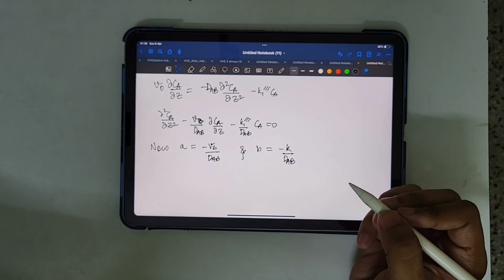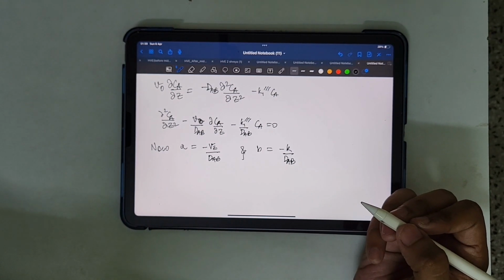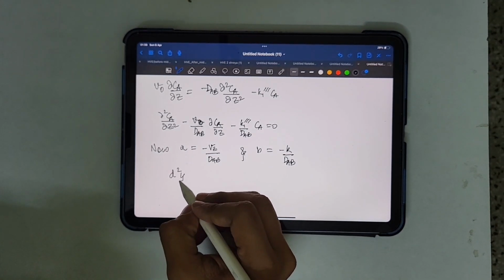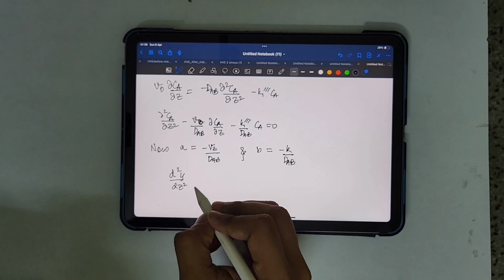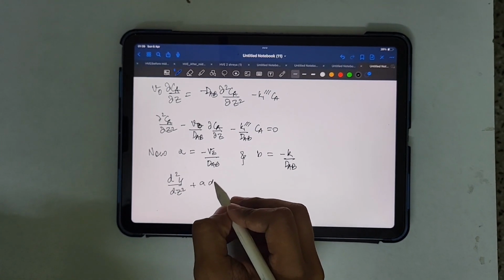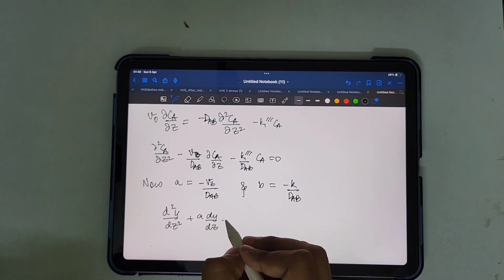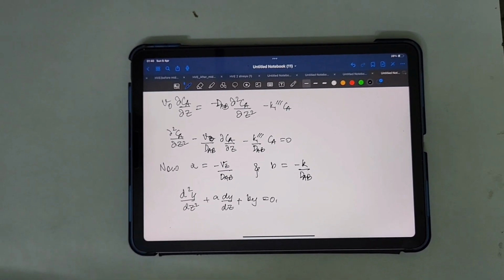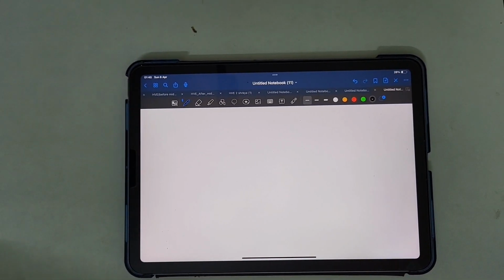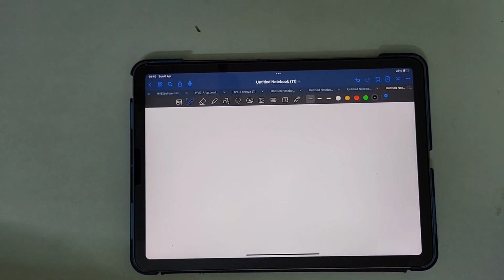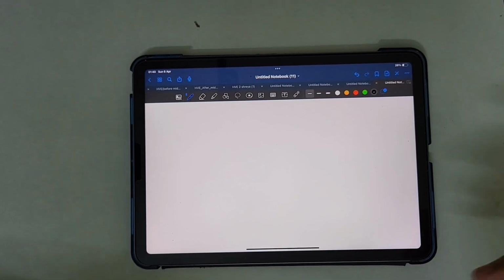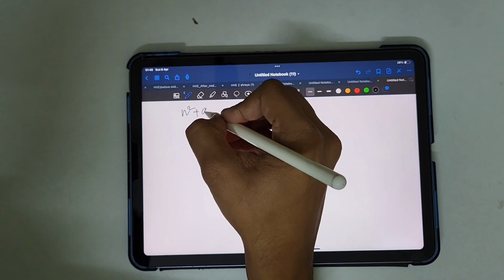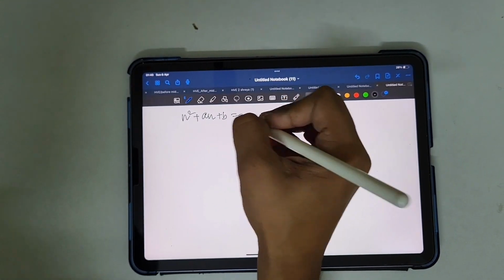So the above equation becomes a standard linear ODE of the form d²y/dz² plus a dy/dz plus by is equal to 0. This is a homogeneous second order linear differential equation and the solution depends on the roots of the characteristic equation n² plus an plus b is equal to 0.